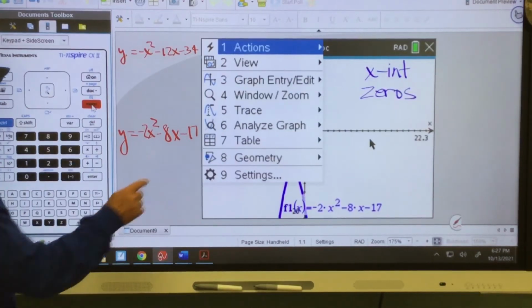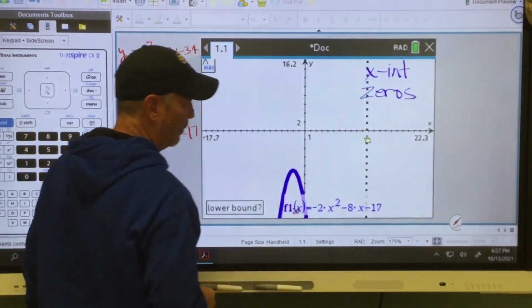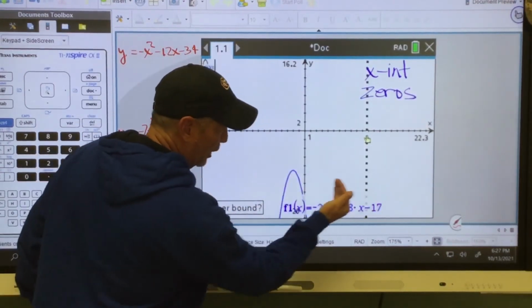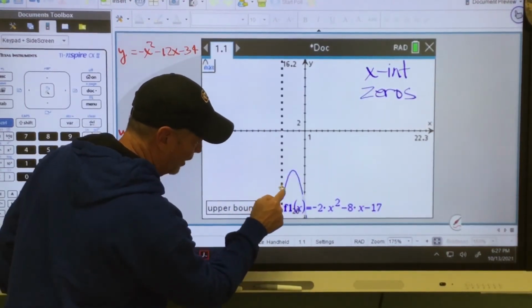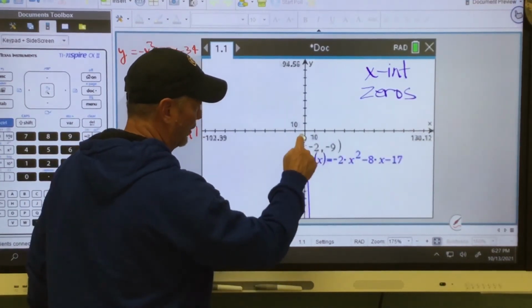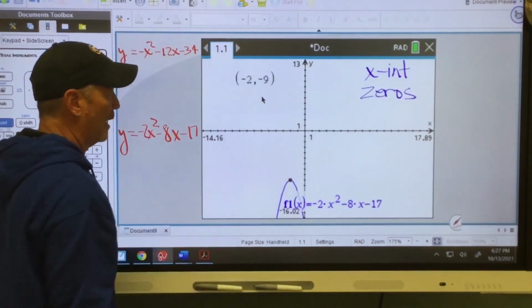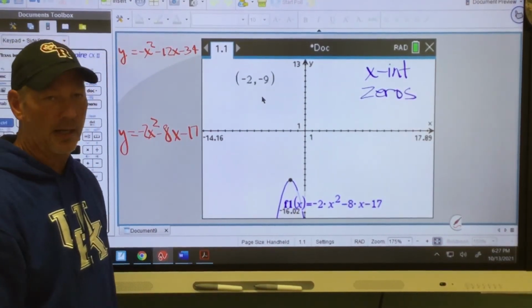Menu, analyze, maximum. You want to move your broken line to the left and then to the right, and there is my maximum value. Ooh. There's your maximum value. Got it?